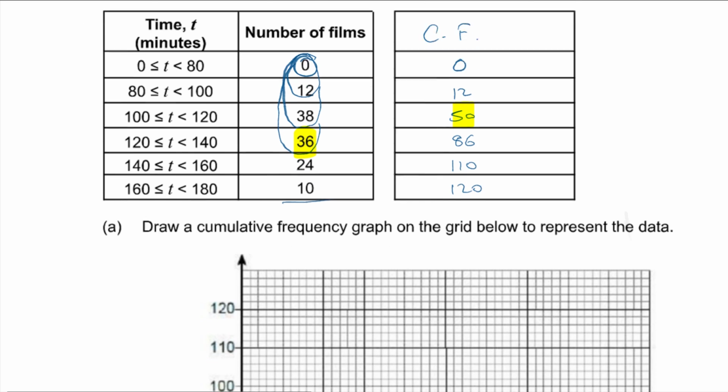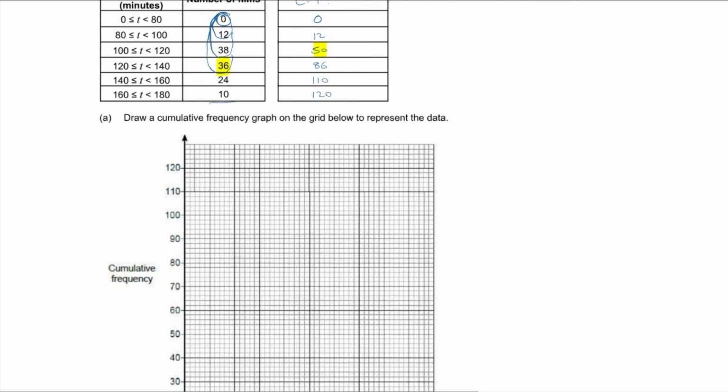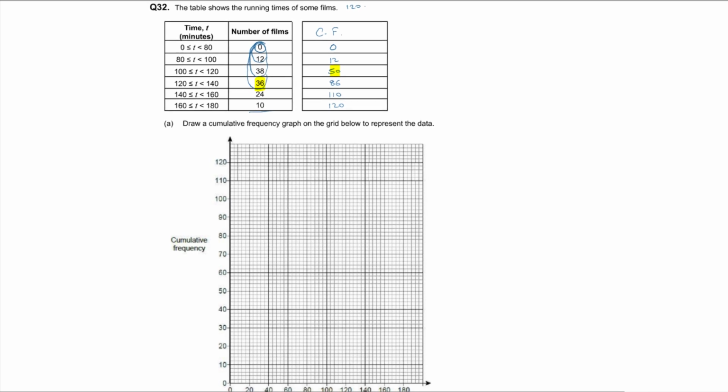All right. Now, once we've got the cumulative frequencies, we can then plot them on a cumulative frequency curve. We plot cumulative frequency on one axis, so you can see cumulative frequency here. And then the bottom axis, we always use the upper limit of these, so we plot against upper class bound.